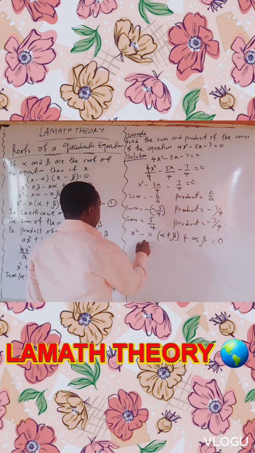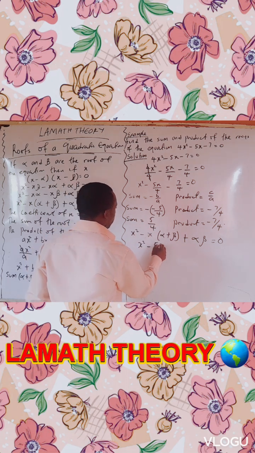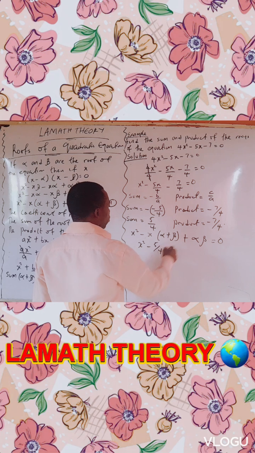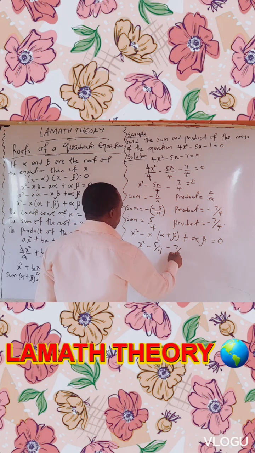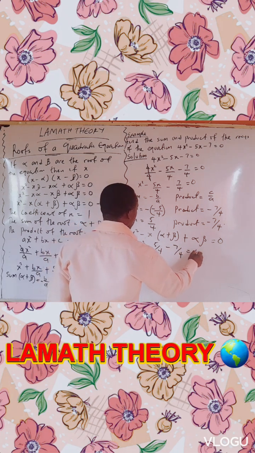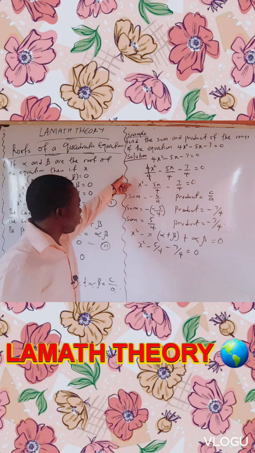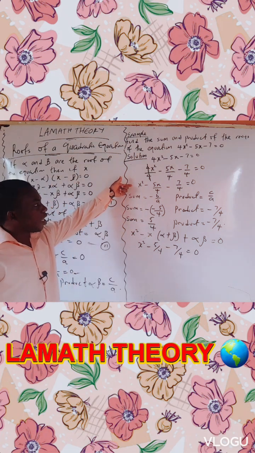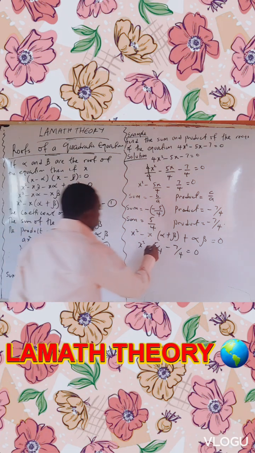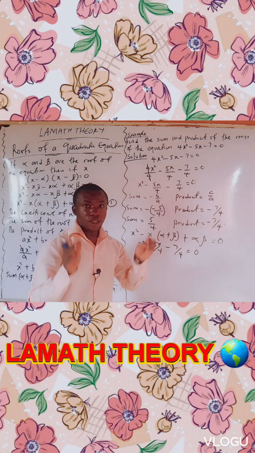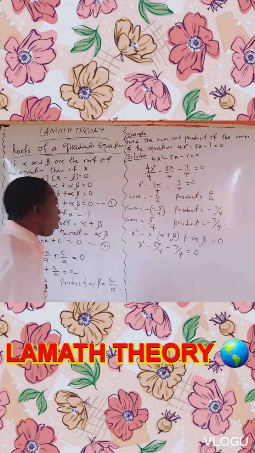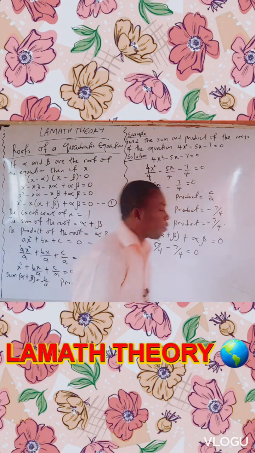So we have x squared minus, our sum is 5 over 4, then plus minus 7 over 4 equals 0. So we are back here. Are we together now? So it shows that we know what we are doing. So that is it. This will be the first example.